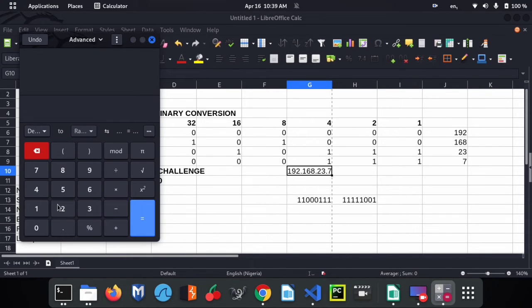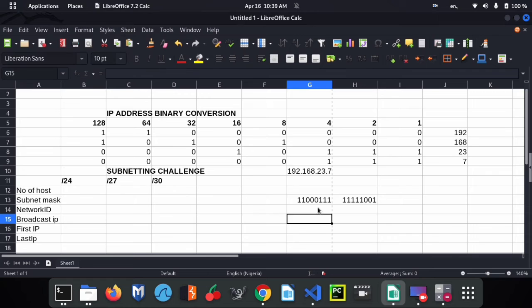So we have 2 raised to the power of 8, which is 256. Now that we have 256, we have to minus 2 from the 256.